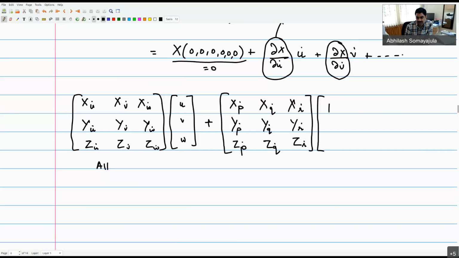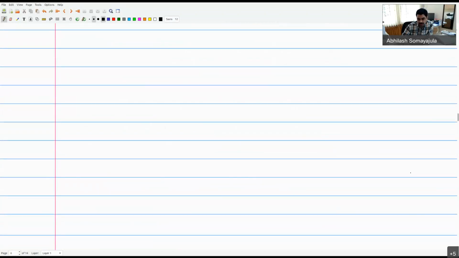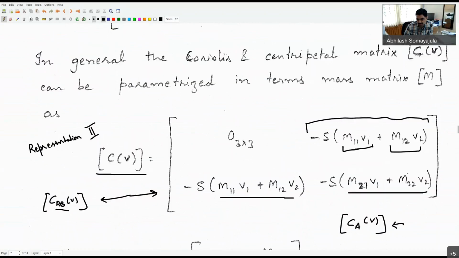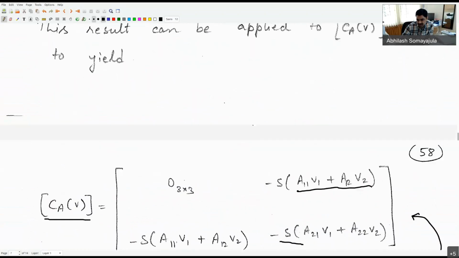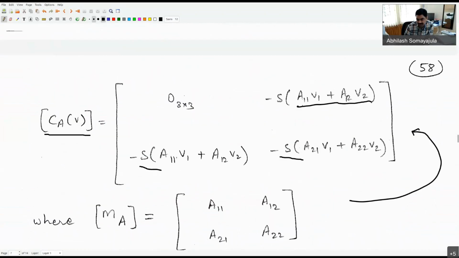And this is multiplied by P, Q, and R. This is A12, right? This is V1, this is V2. If I add this up, that is the so-called matrix here, right?